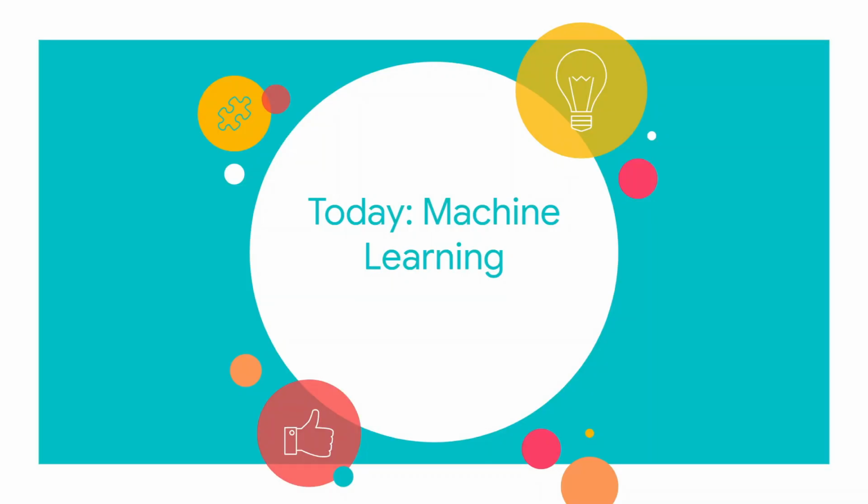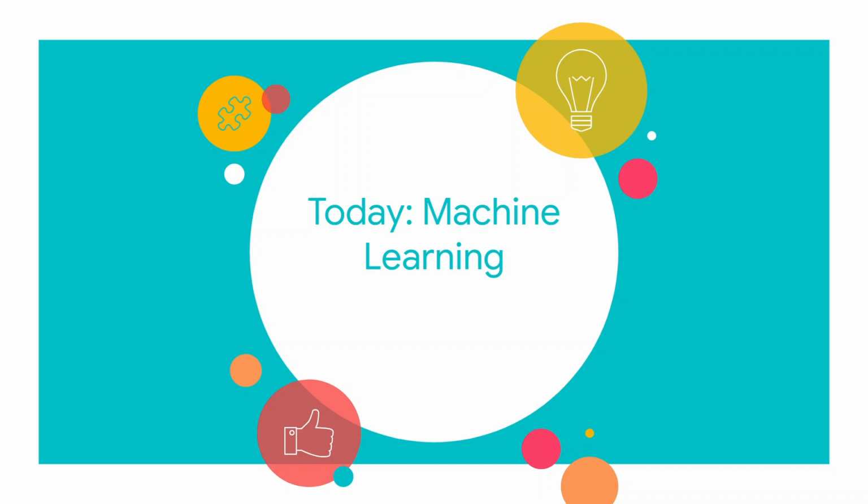So today we're talking about machine learning. Machine learning is a field of study that gives computers the ability to learn without programmers writing the rules on how to solve a problem.